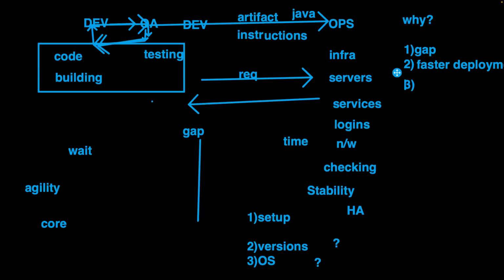Before we talk about the third reason, let me give you a simple hint at this point. Earlier, they used to share that war file and ops teams had to struggle with underlying versions, underlying operating systems, and they had to set up the infra, set up the environment. But now, with DevOps, the dev team is not handing over the artifact directly.